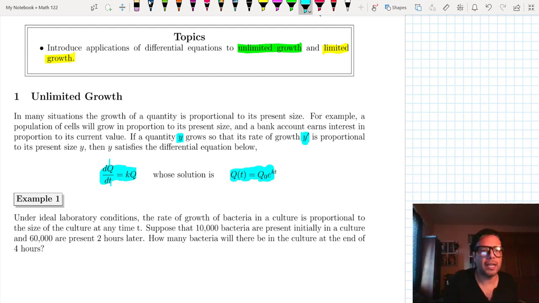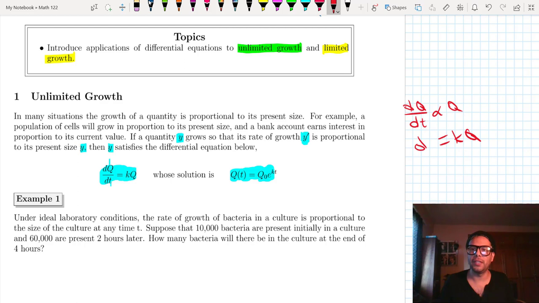Okay, this also has to be a Q and a Q. So the change of the quantity with respect to time is proportional to its present quantity. However, to change this proportionality symbol into an equal sign, we need to introduce a constant of proportionality.